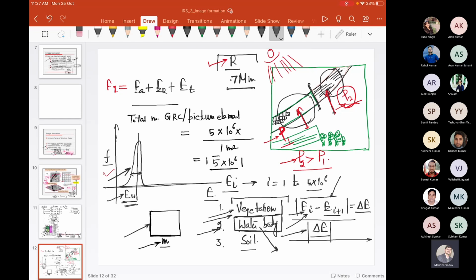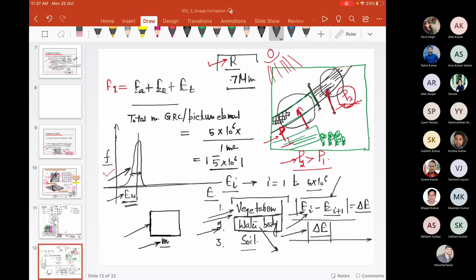If we take the ratio, just see over here, the incident energy is constant for all the GRC locations. Now it is redistributed.